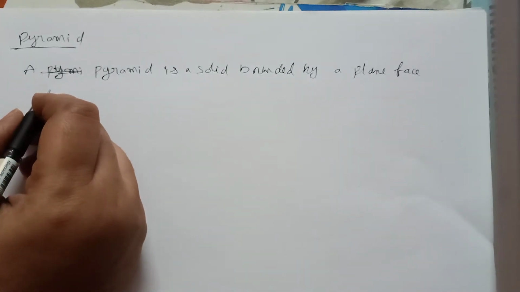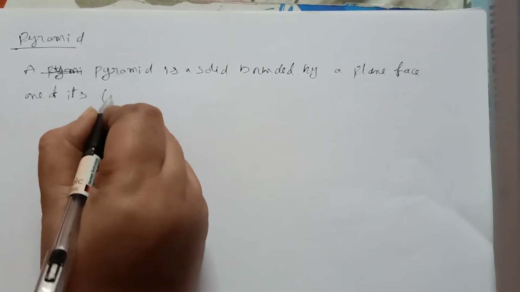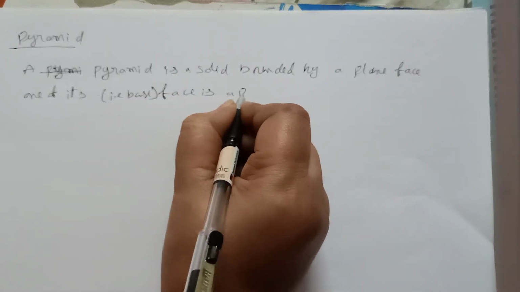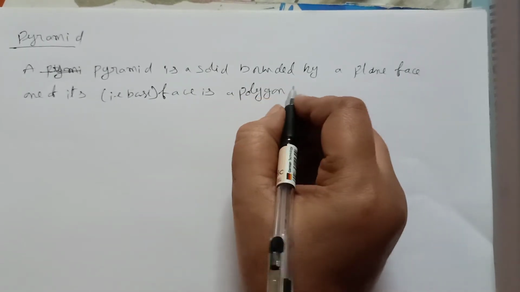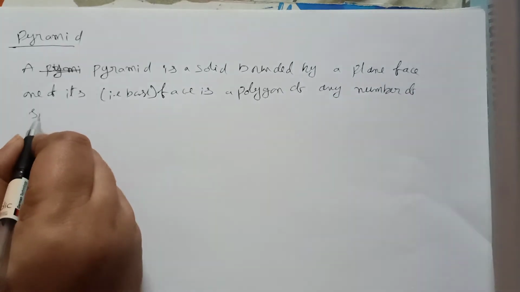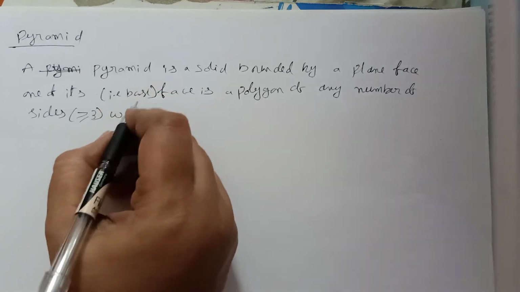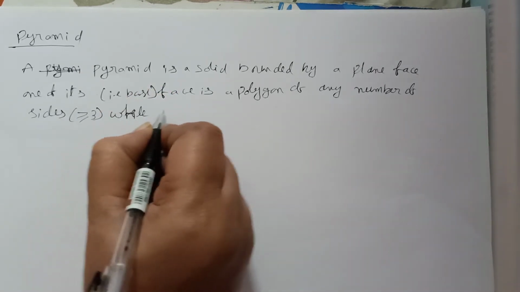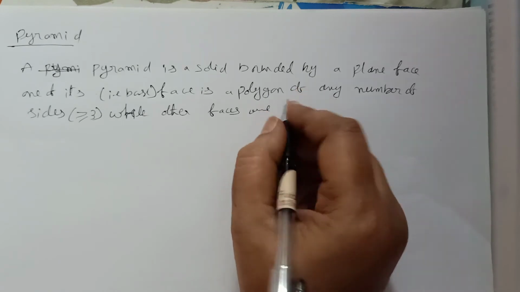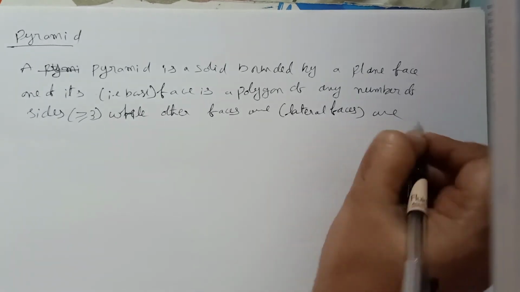One of its faces, that is the base face, is a polygon of any number of sides that is greater than or equal to 3, while other faces, that is lateral faces, are triangles.